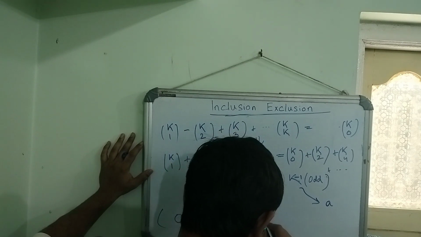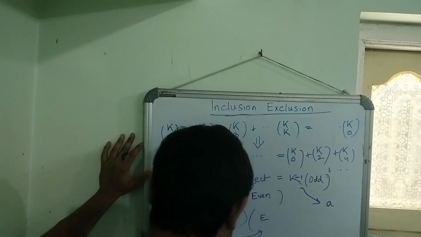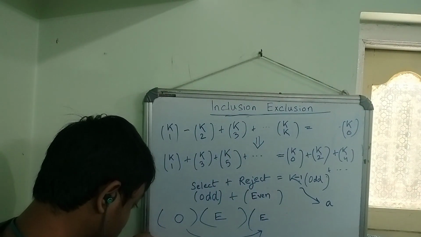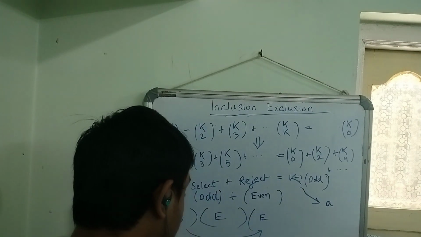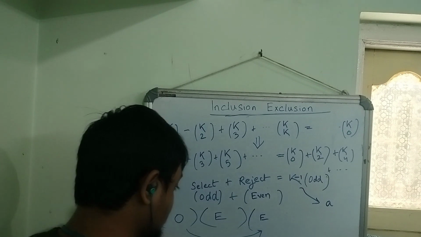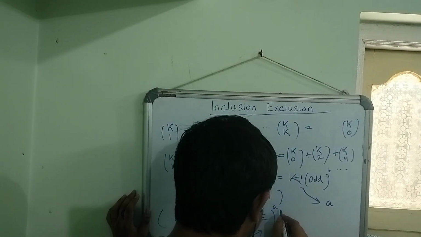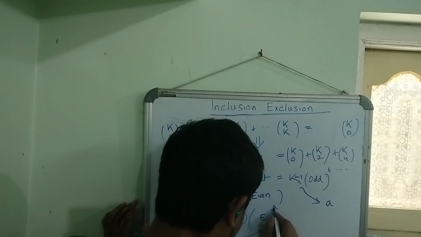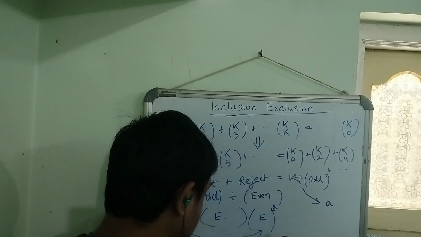Those odd subsets will turn into even subsets because we are adding one element to each of the subsets. Since initially there were an odd number of elements, if we add one element to each of them, the cardinality of each of them will be even. So I'm writing E subscript A. This means that A is present in all these subsets.